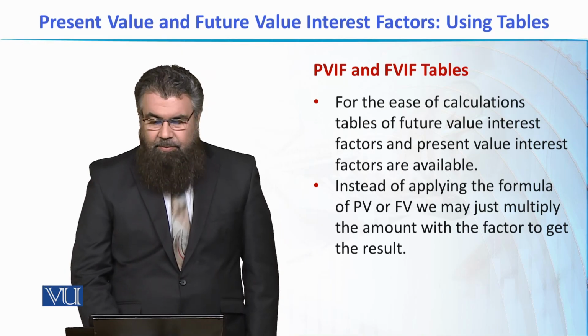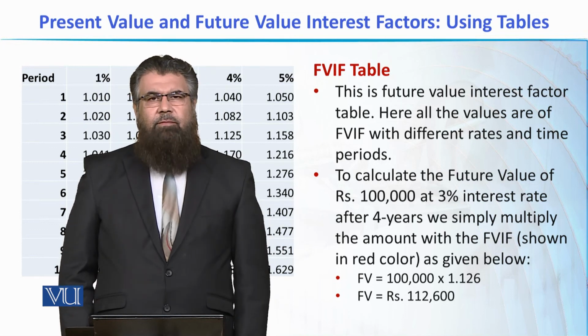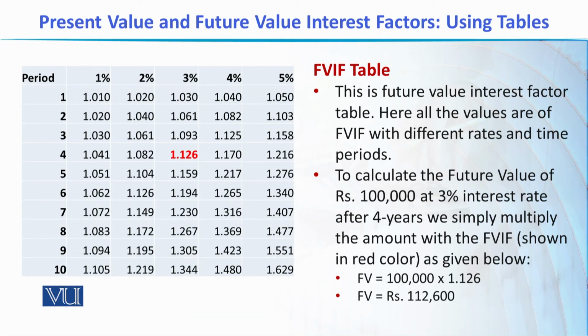Now let's have a look at these tables one by one. First, we have got future value interest factor table. If we have a look at this table, we see that horizontally we have the interest rates 1, 2, 3, 4, 5%.